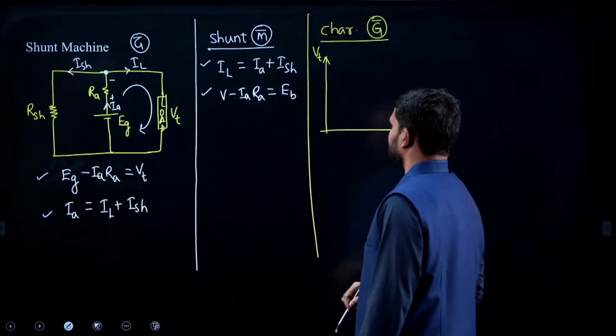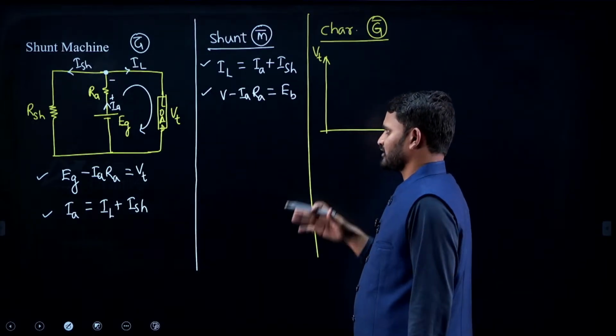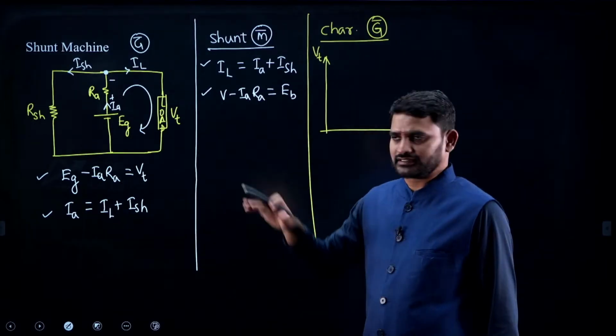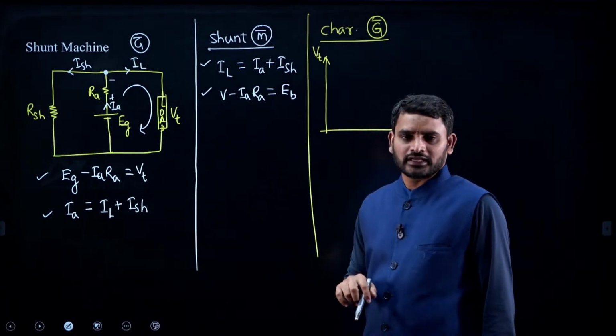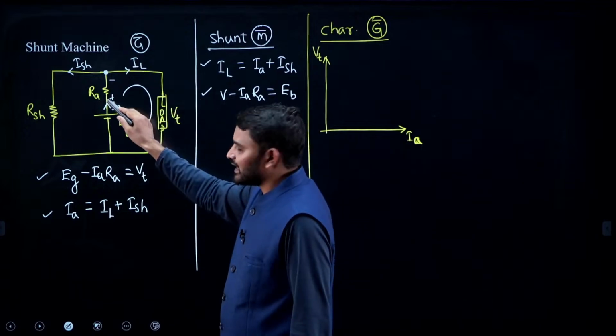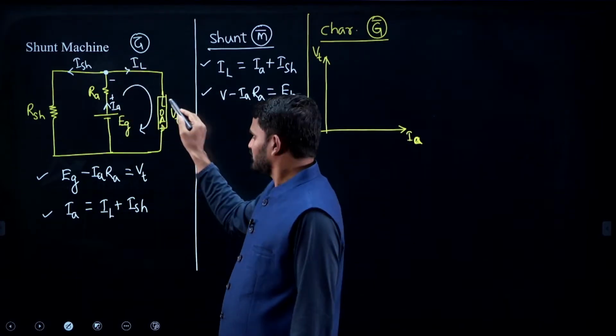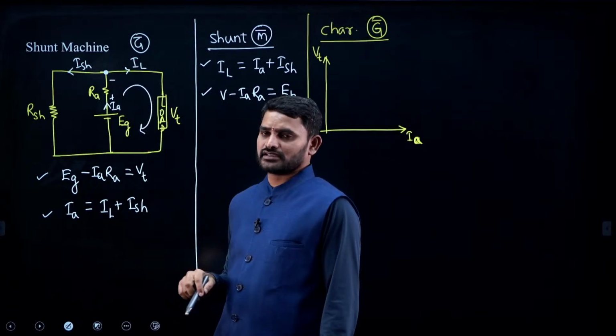Better to take armature current. The external characteristics will be drawn between VT and IA. See, if the load increases, definitely armature current is going to increase. Who has to supply? The armature has to supply. So, armature current is going to increase.